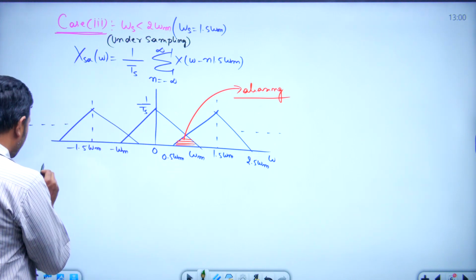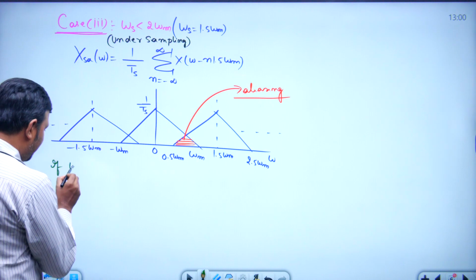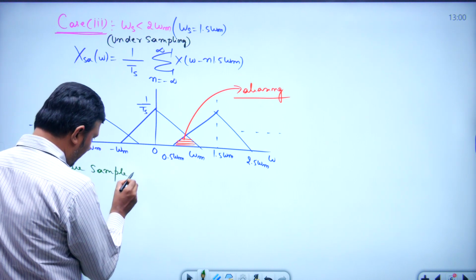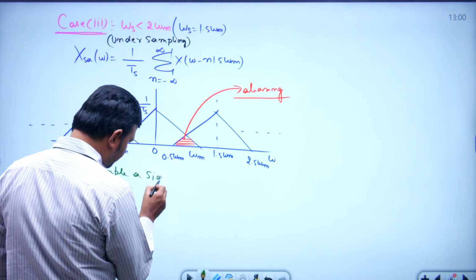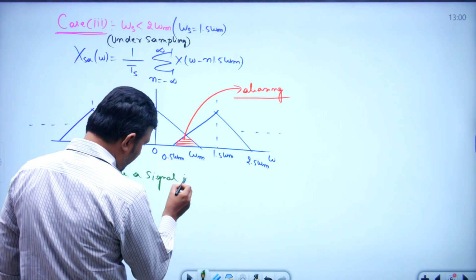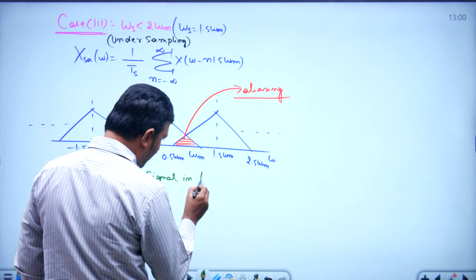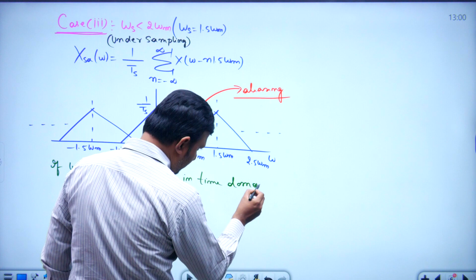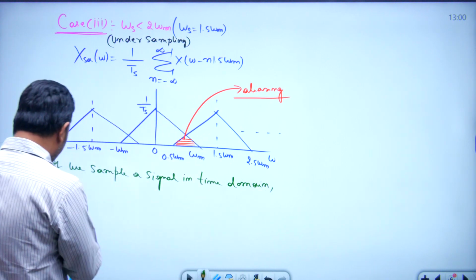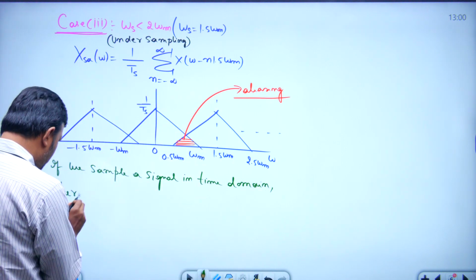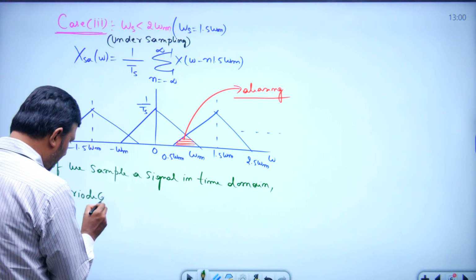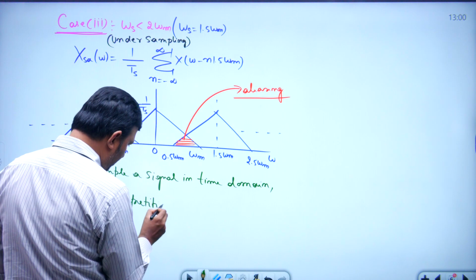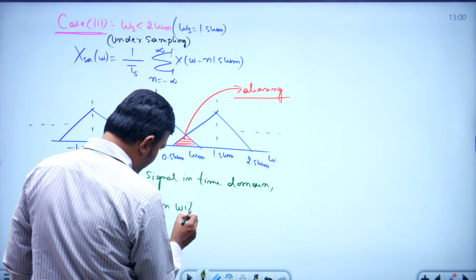So let me write: if we sample a signal in time domain, periodical repetition will occur in frequency domain.